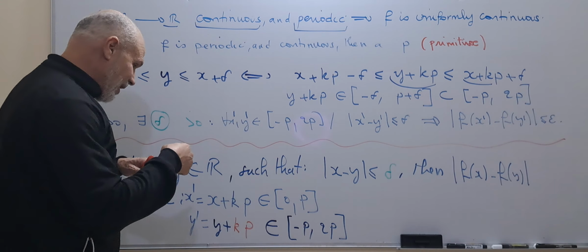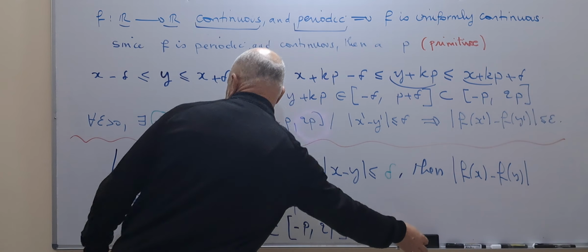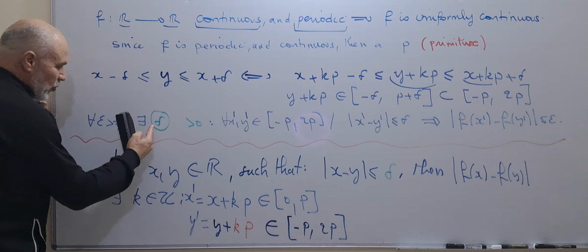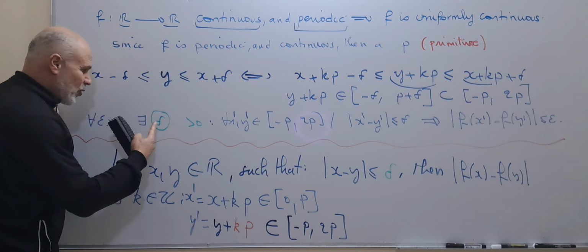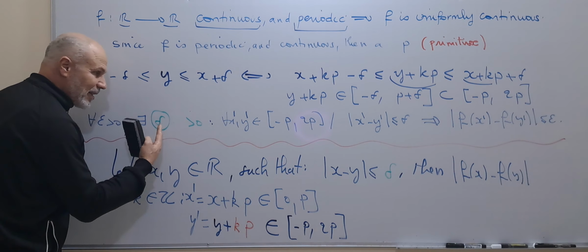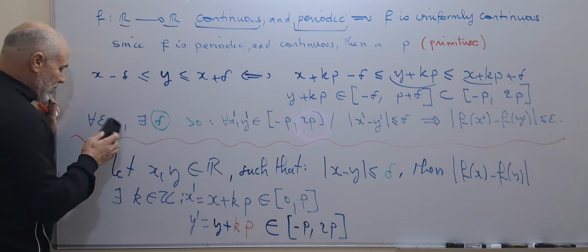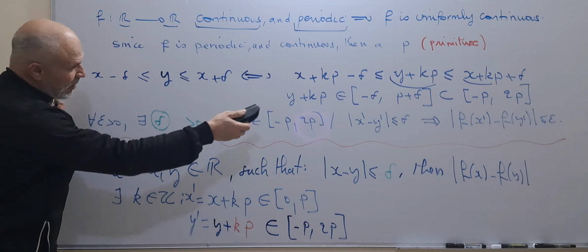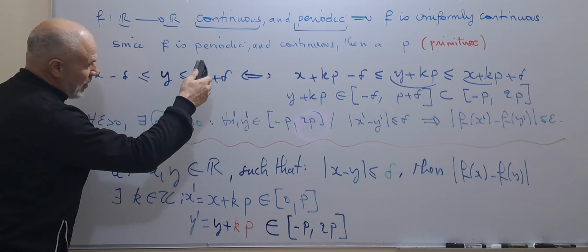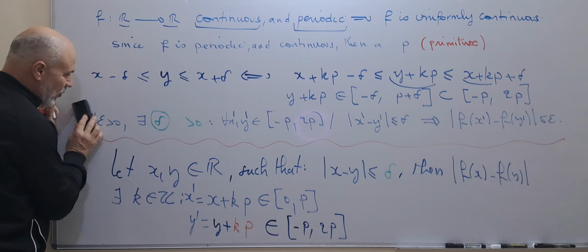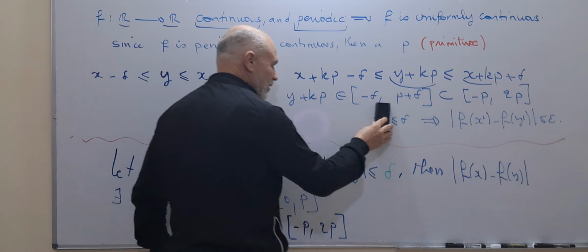Let us finish this work. Remember, this is very important, we keep the same delta that is ensured by the fact that f is uniformly continuous on the closed interval minus p to p.